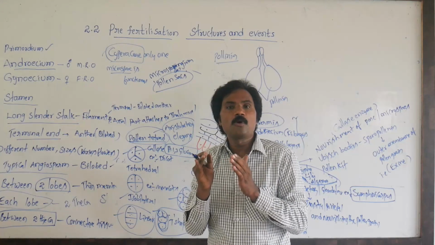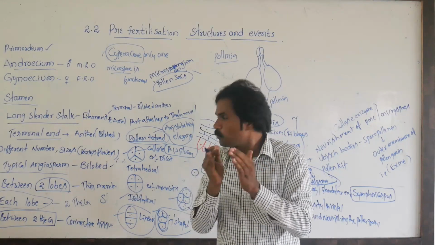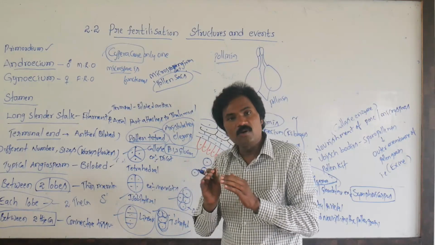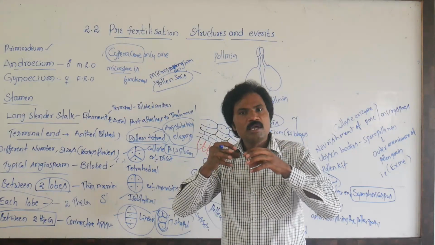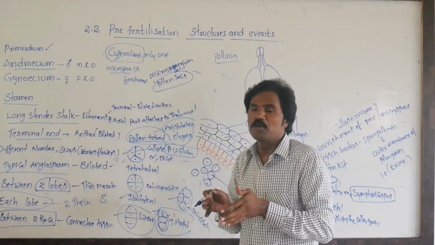Collectively, all pollen grains present inside the microsporangia, the pollen sac we drew earlier, instead of pollen tetrads, all pollen grains get together. That we call Pollinia.